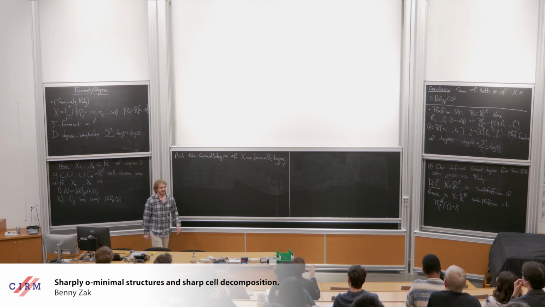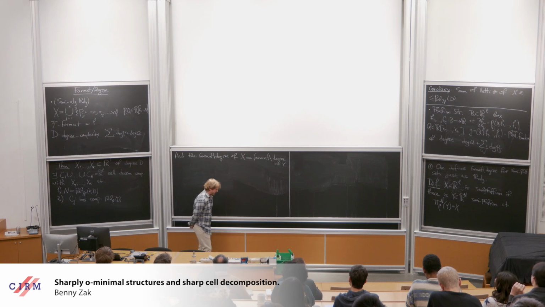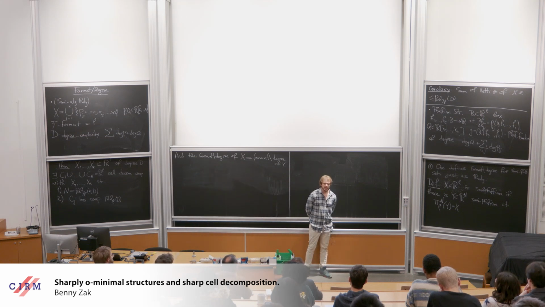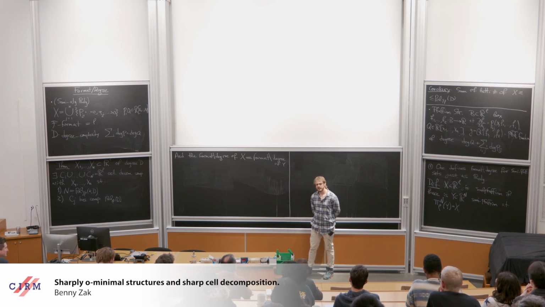Yes? How are format and degree well defined? Okay, excellent question, and I've been asked to repeat every single question, for the recording. Why are format and degree well defined? They are not well defined in the sense that they are not unique. You should think about it more as a filtration, in the sense that if you have complexity 100, then you also have complexity 1000.